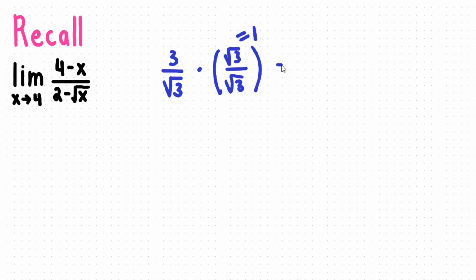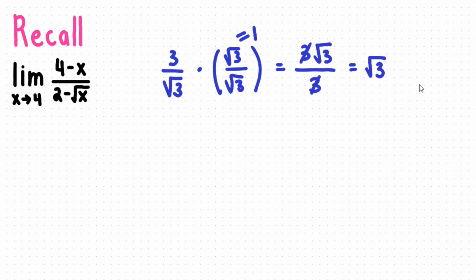So by multiplying this, we'll have 3 square root of 3 in the numerator and 3 in the denominator. Divide this 3 and we obtain square root of 3. So as you can see, we were able to remove the radical in the denominator and it is now instead in the numerator.